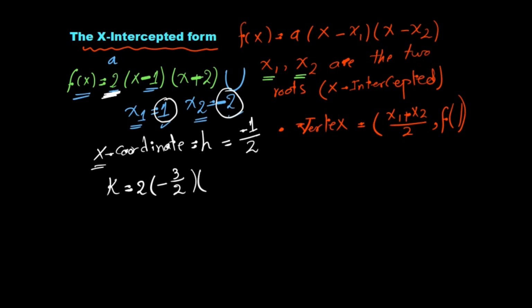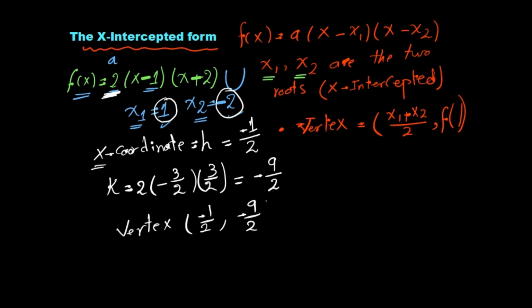Times (x + 2), which is -1/2 plus 2, that's 1.5, which is 3/2. Multiply now, it's a negative number, -9/2. That means the vertex is the point (-1/2, -9/2). This is the x coordinate and this is the y coordinate.